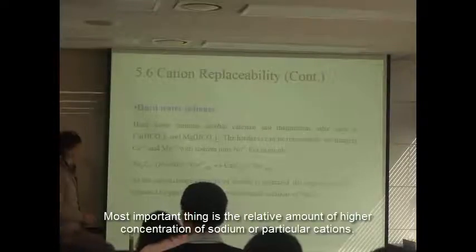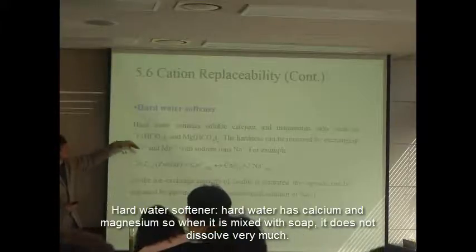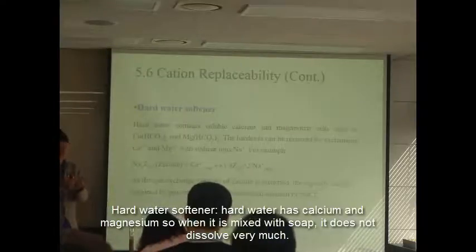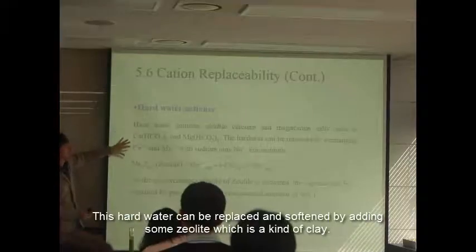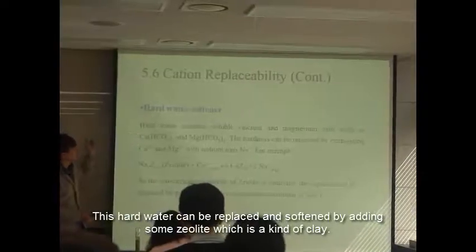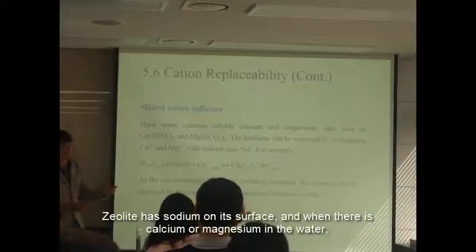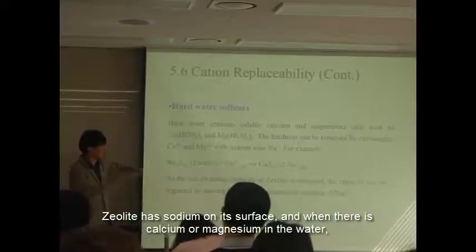So the hard water and soft water. Hard water has calcium and magnesium, so that when you mix with the salt, it doesn't dissolve the salt very much. And this hard water can be replaced and softened by adding some zeolite, which is a kind of clay. This zeolite has sodium on its surface.